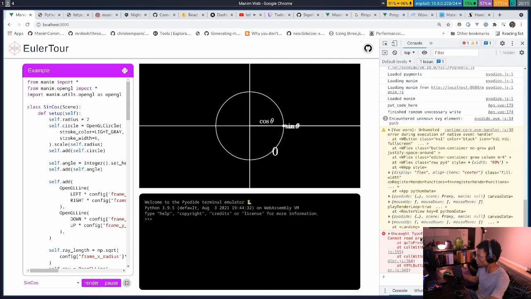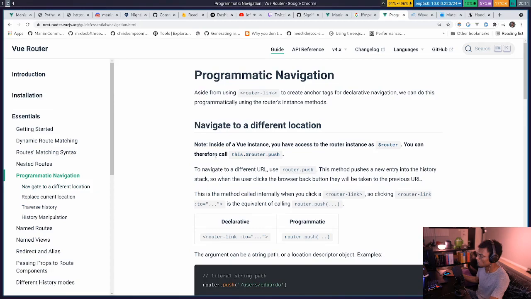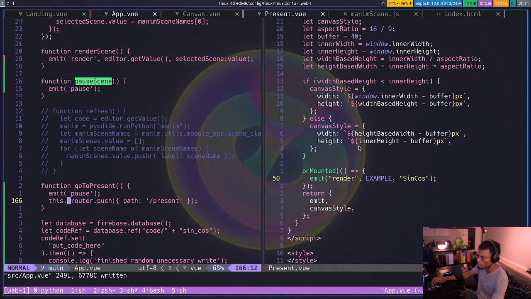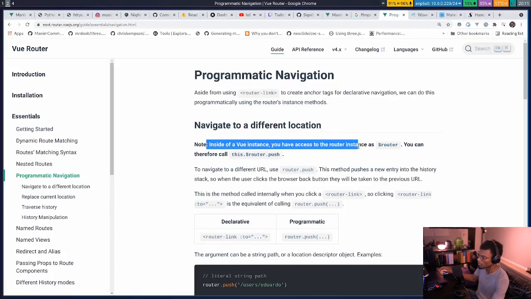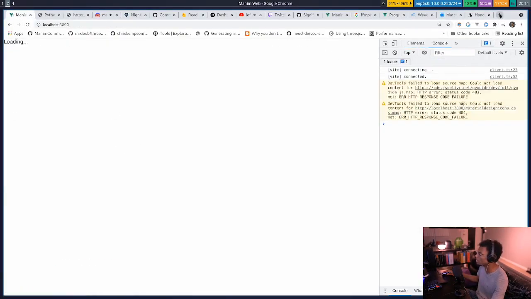Yeah, something's up with that. Inside of the Vue instance, you have access to the router's $router. Maybe I don't need this. Maybe it's like that. But I think my follow alerts are busted.